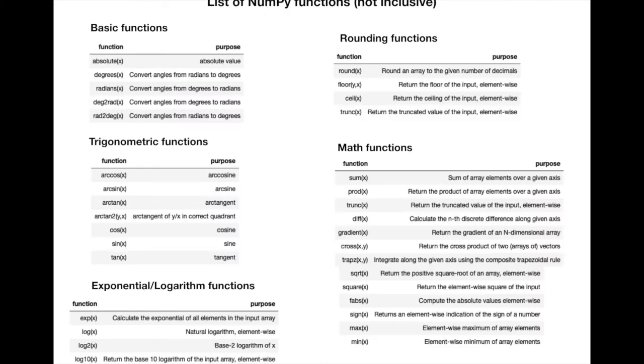So this is a list of NumPy functions, which is not inclusive, but these are functions that we use a lot, including the basic functions and sine, cosine, exponential, logarithm, and also these round functions, and other mathematical functions that you can take a look at.